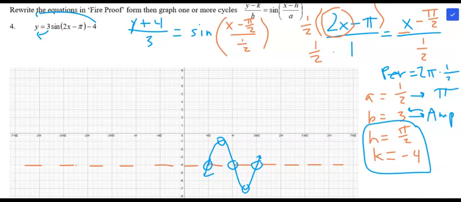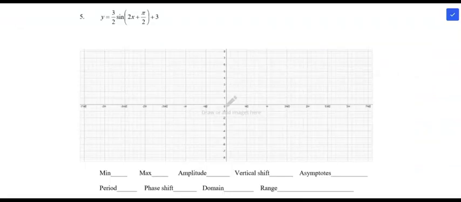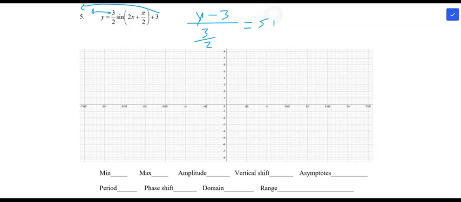Okay, let's go to page 21. Page 21 is also not in fireproof form, so I'm going to have to first start off by subtracting 3, right? Pushing that to the other side, and then push that to the other side by dividing by 3/2, equals the sine of, well, let's see here, 2x plus pi over 2.